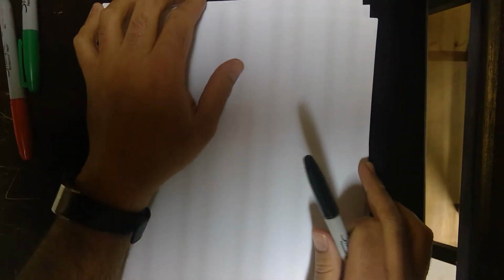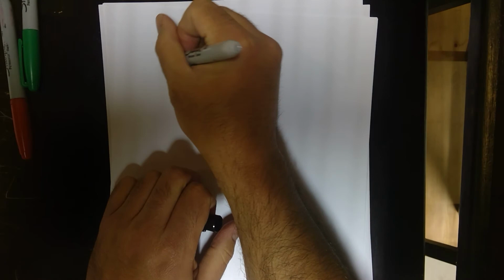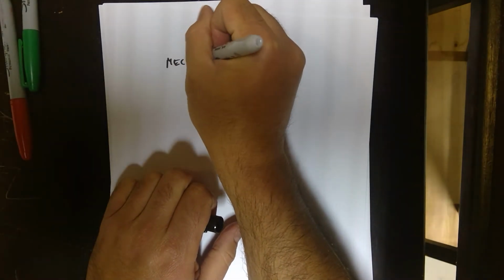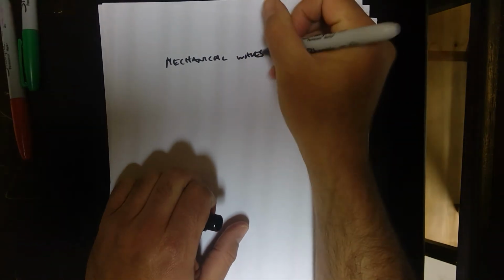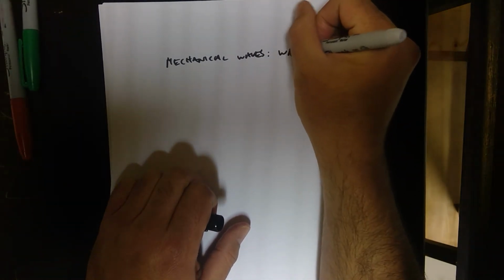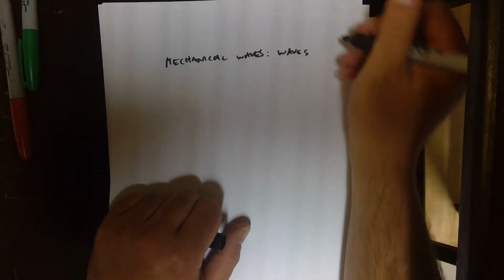Let me write out our definitions really quickly. All of these things are examples of what we call mechanical waves. That's what we're focusing on in this chapter now: mechanical waves. These are waves that require a medium.